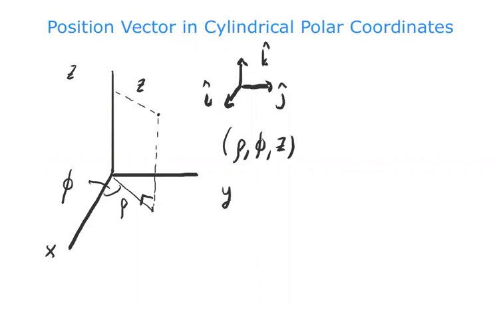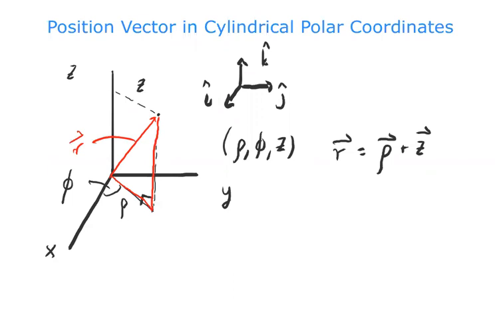The position vector, r, is just going to be the vector rho added to the vector z. This one added to that one will give you the position vector r.